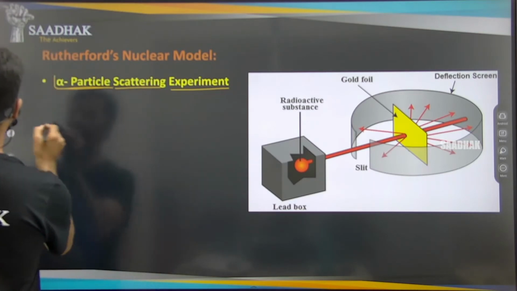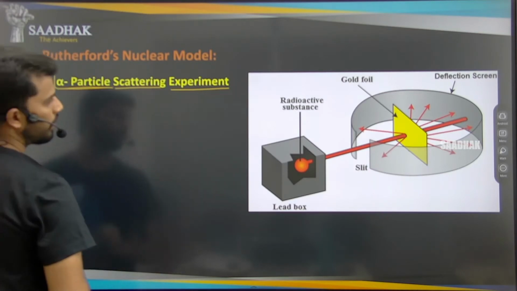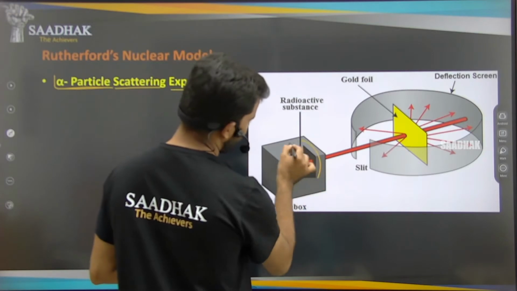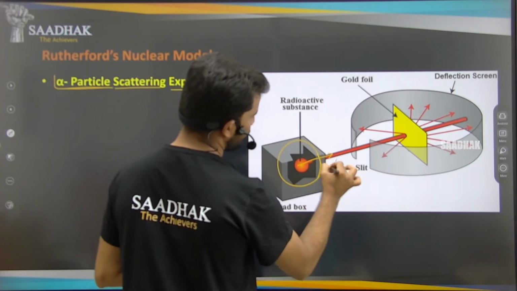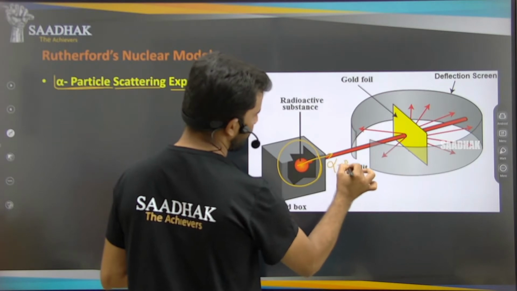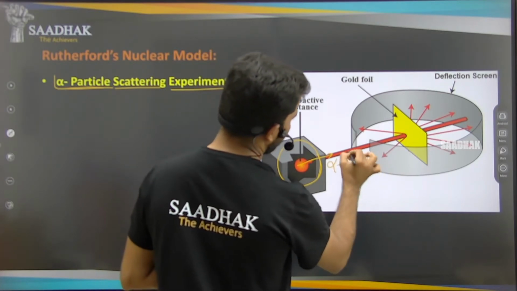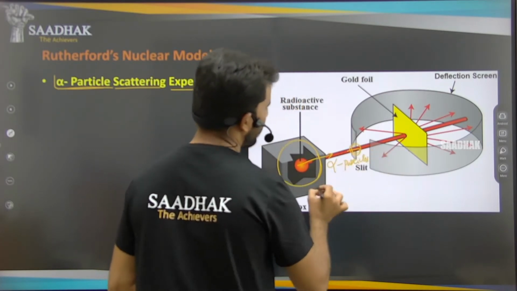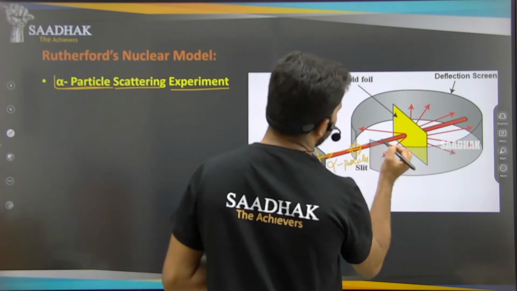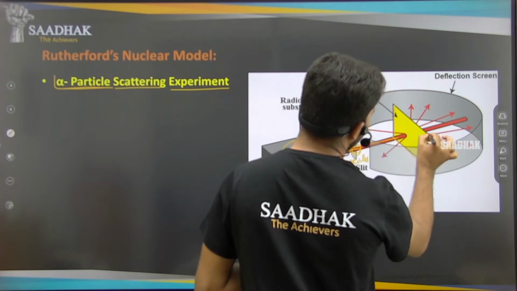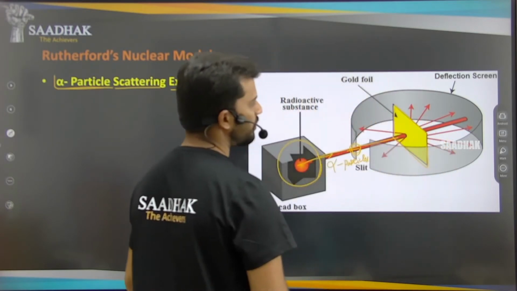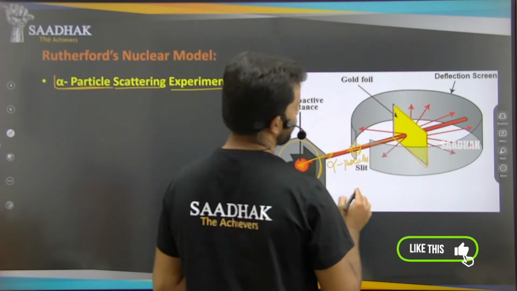If you look at the experimental setup here, this is a radioactive substance where he generated the alpha particles. These are the alpha particles here. And he arranged a slit where the alpha particles would enter and bombard a thin plate of gold, or thin foil of gold, right?